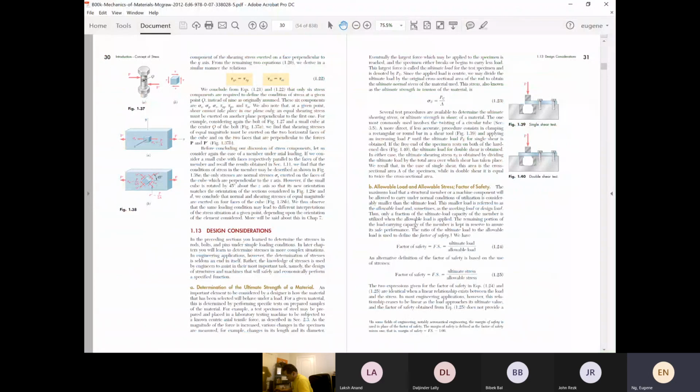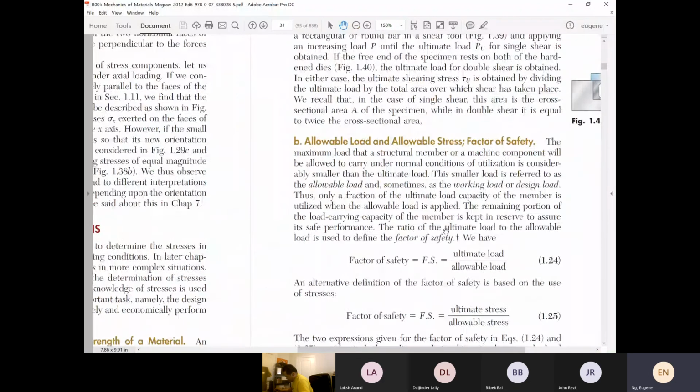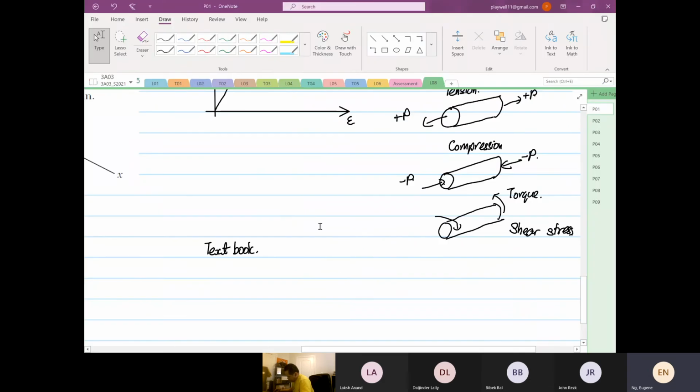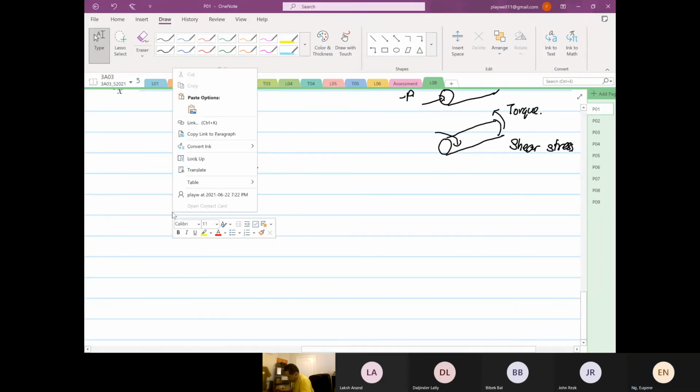Okay, here it is. So if you look at the textbook, I'm going to copy from the textbook.